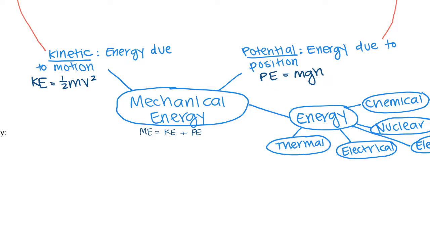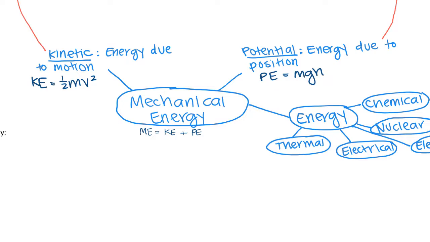Kinetic energy is our energy due to motion. So any object in motion is going to have a certain amount of kinetic energy. Potential energy, on the other hand, is energy due to position. I want you to think a little bit more deeply about what these terms really mean, right?